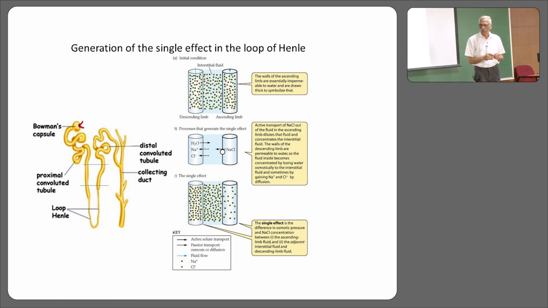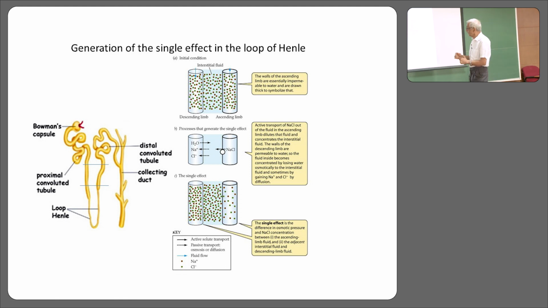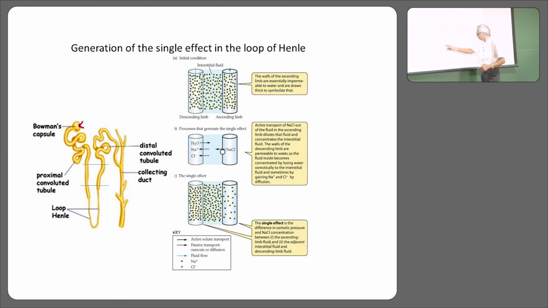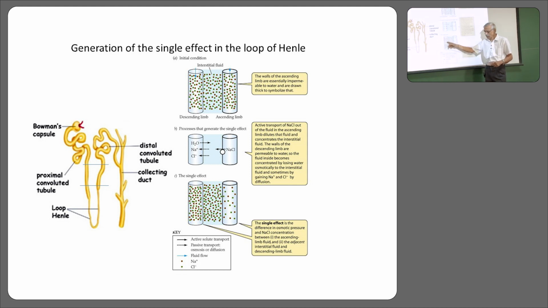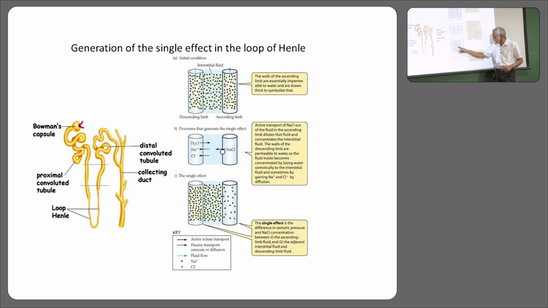Along with the ions, the water will like to go. Can it go? No. Therefore, after 5 minutes, you will get a picture with fewer ions, but these are the ions in the extracellular fluid, and the aquaporins are here also. Okay. So, there will be free exchange. As a result of that, the fluid here is the same as the fluid here, but the fluid here is much more dilute.